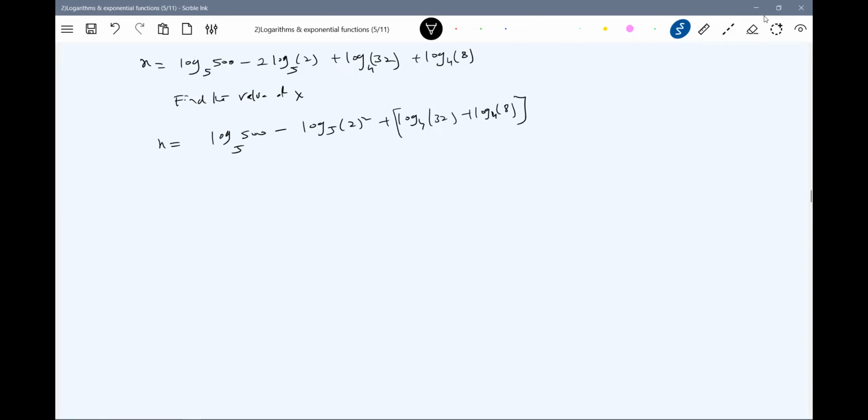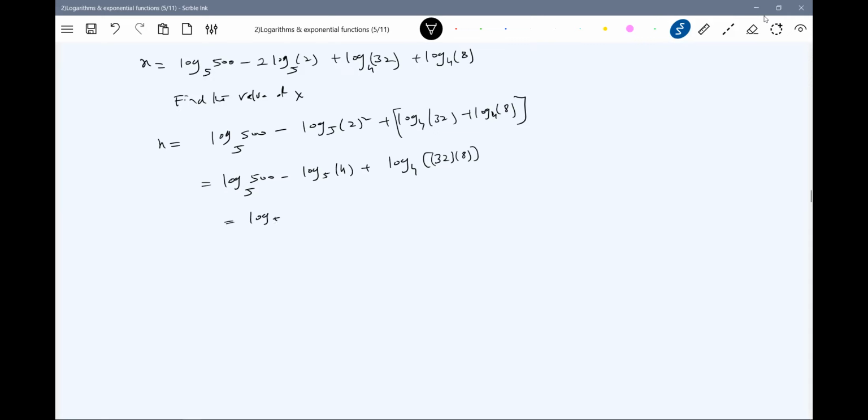Let me group them. Log 500 to the base 5 minus log 4 to the base 5 will become log of 500 by 4. And this is log A plus log B, so log of 32 into 8 to the base 4.